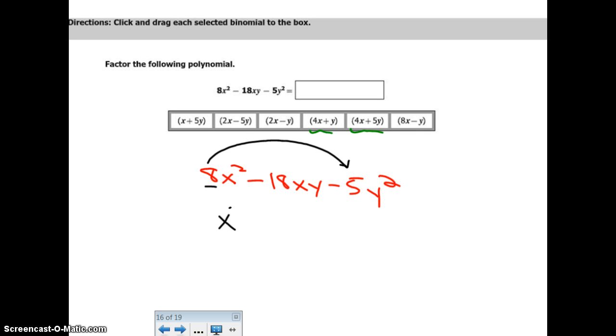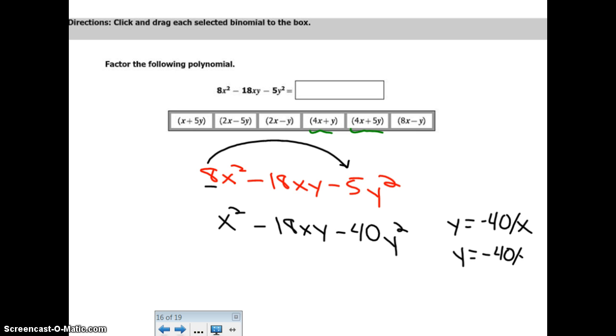It's going to give us x squared minus 18xy minus 40y squared. And then you can use y equals, okay? And we're going to put negative 40 over x, and then negative 40 over x plus x.